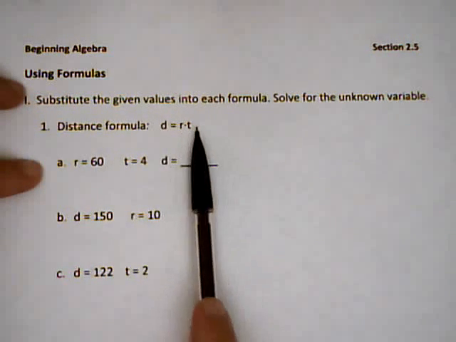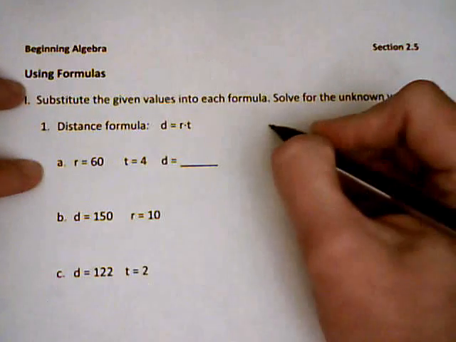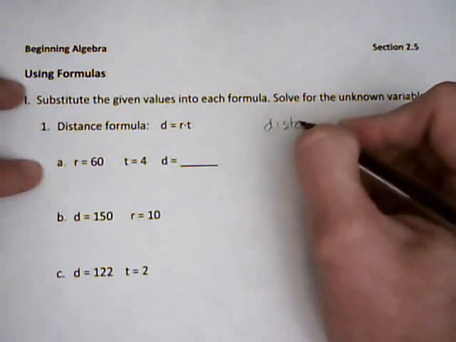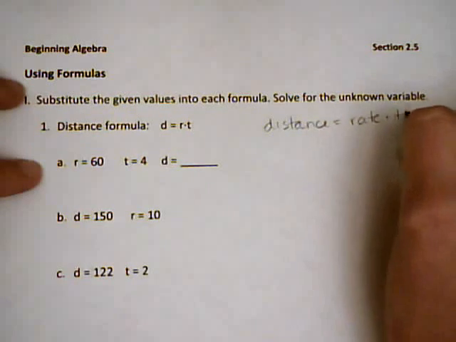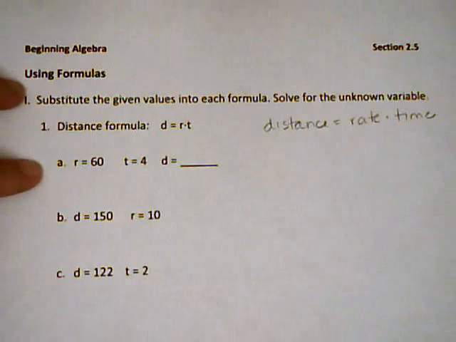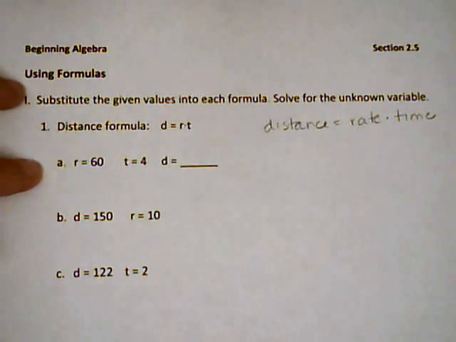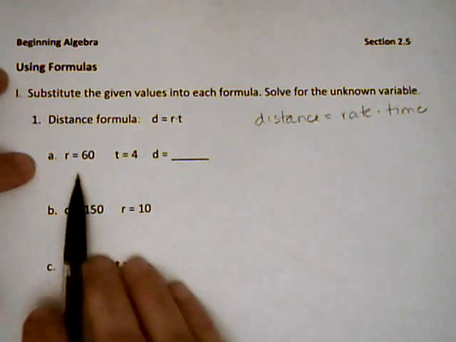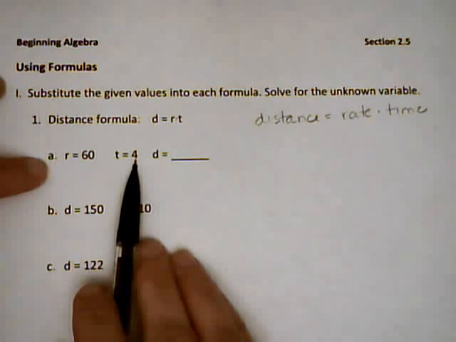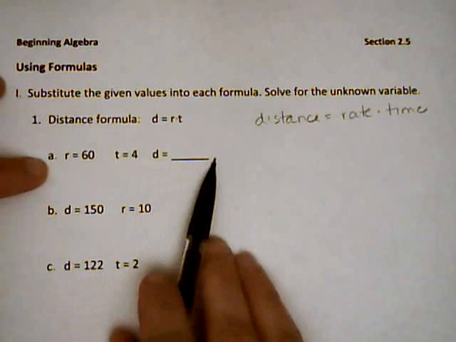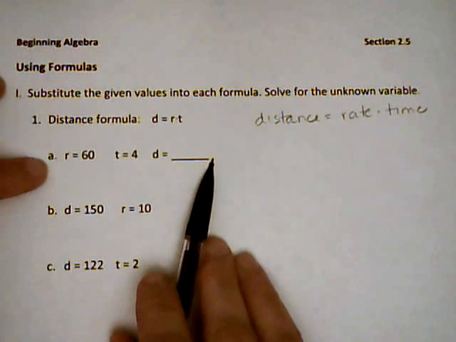So this is my distance formula. D equals R times T, which stands for distance equals rate times time. This is a formula that we use a lot. Part A says that R is equal to 60, T is equal to 4. We want to find D, so that's the unknown variable.